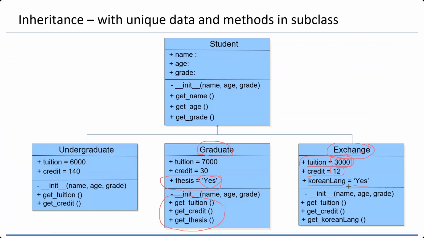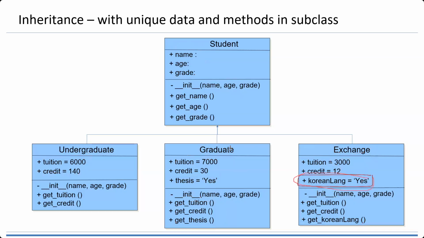So we have yes. It means the general information we can refer to the student, but for each category, they can have different data, and they can also have different methods. For the exchange students, they need to have the Korean language.